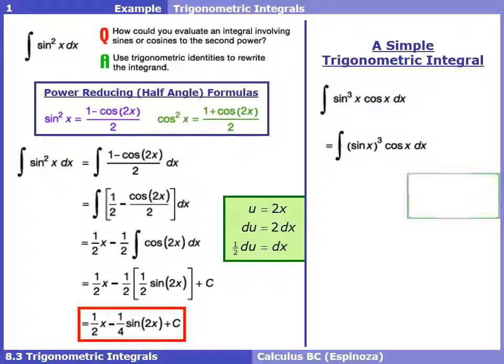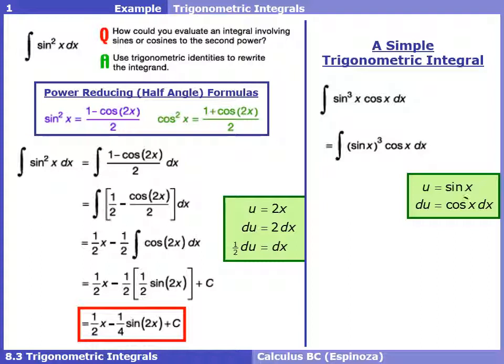So again, we're going to call u sine x, which means du is equal to cosine x dx. And you can appreciate that if that cosine x dx wasn't there, and it was just sine x cubed, then we'd be in a little bit of trouble in terms of how to approach this problem. But luckily, we don't have that dilemma.